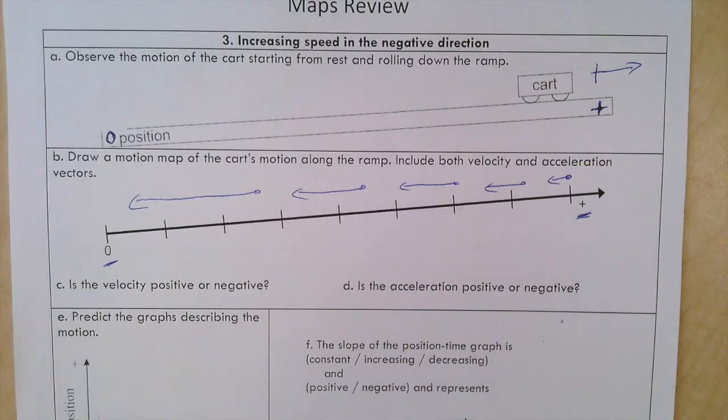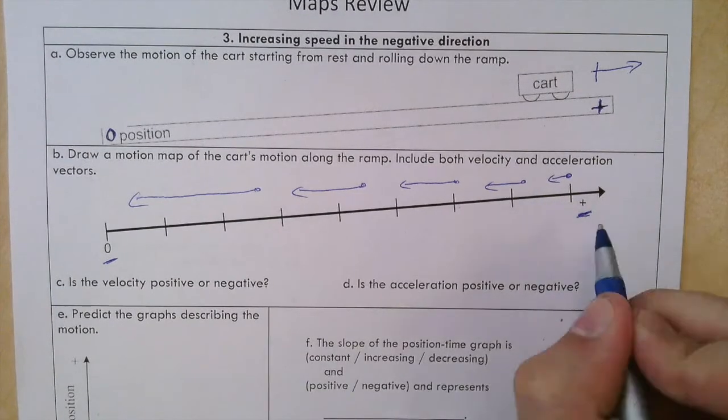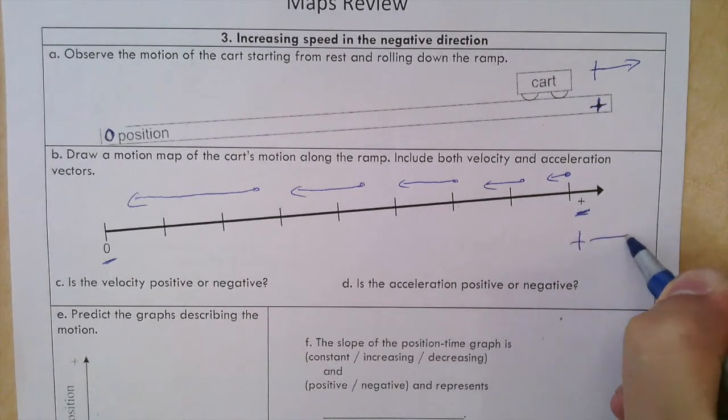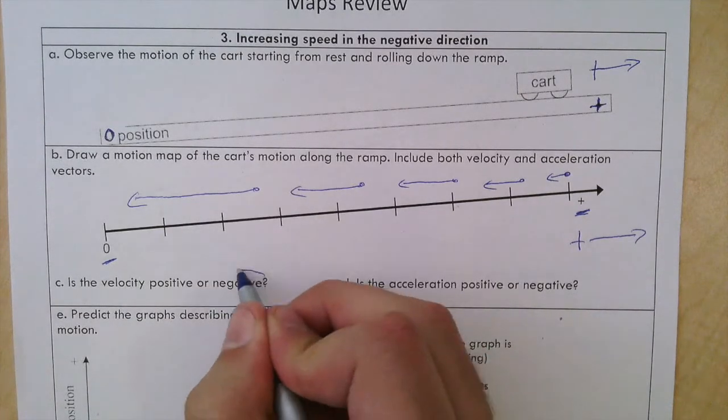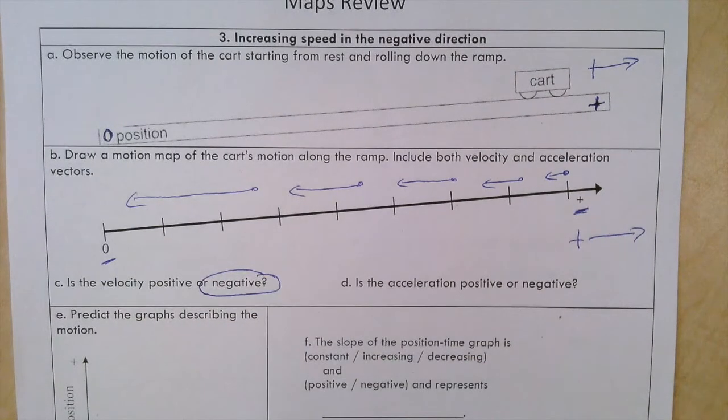Now is the velocity positive or negative? In this case, we want to make sure to refer back to the positive direction, which is this way. The positive direction is off of the motion map, and so our velocity is negative. It's going backwards away from the positive direction. Now is the acceleration positive or negative?